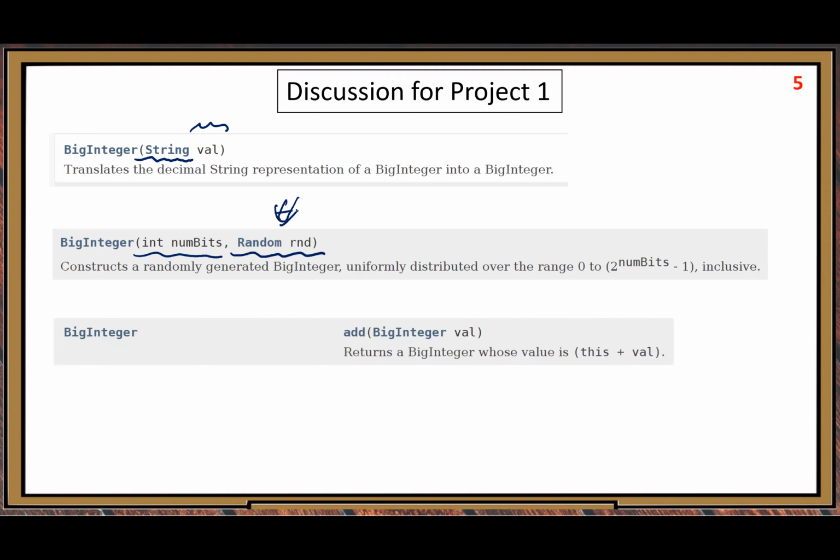Then when you do operations, because we only do addition and multiplication. For addition, do not use a plus sign, use the dot add method. For multiplication, do not use the star operator, use the multiply method.